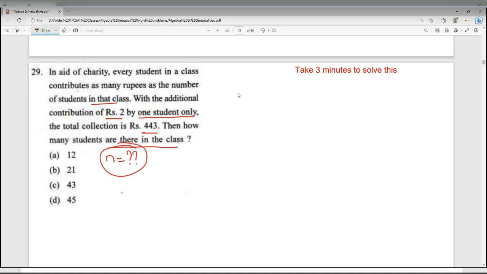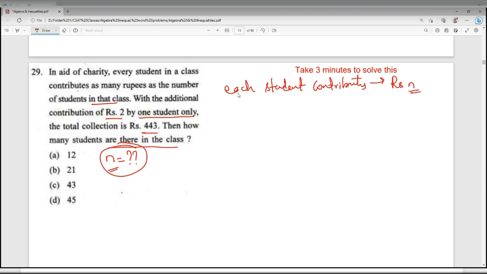So each student contributes n rupees, because the contribution is equal to the number of students that are there.